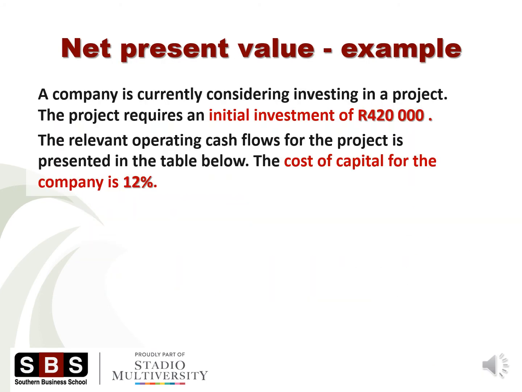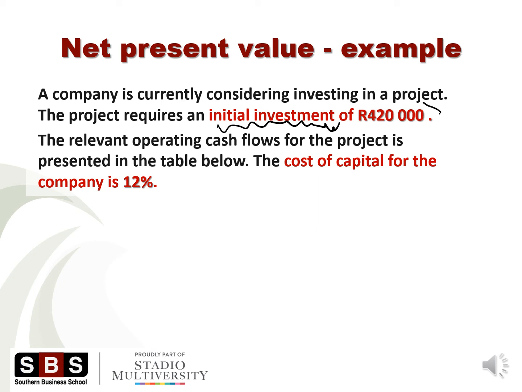Here we have an example of a net present value investment. We have here a company who is currently considering investing in a project. The project requires an initial investment. This is very important. An initial investment of 420,000. That means if the company wants to invest in this project, it will have to invest an amount of 420,000 rand.